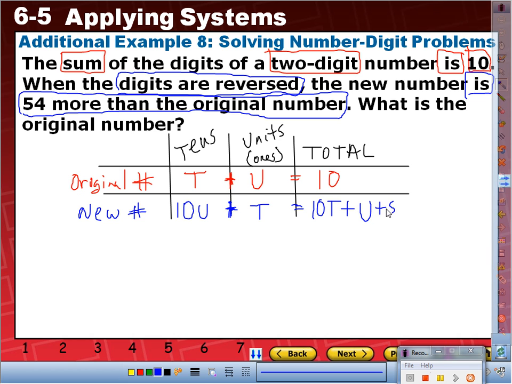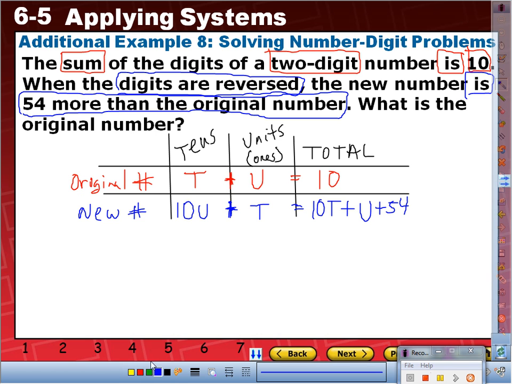Plus 54. I know this is a little bit confusing. That's why you need to set up the first one like this and see how the second one sets up by using the tens, because they reverse a lot of the stuff that they're talking about. Okay, here we go.